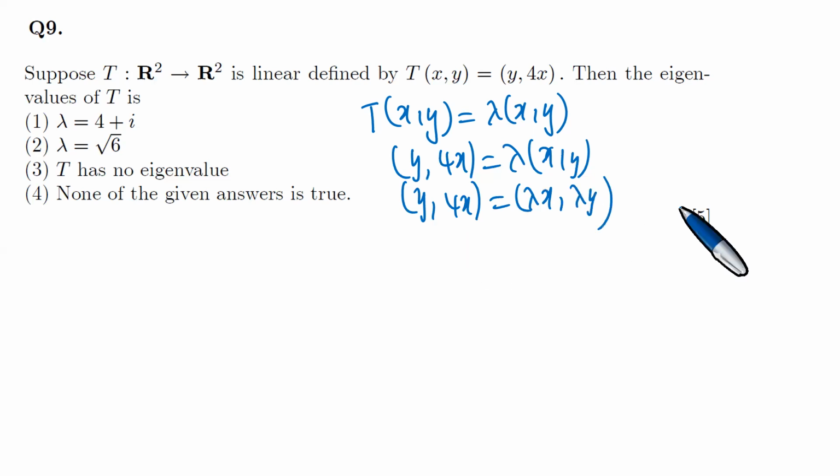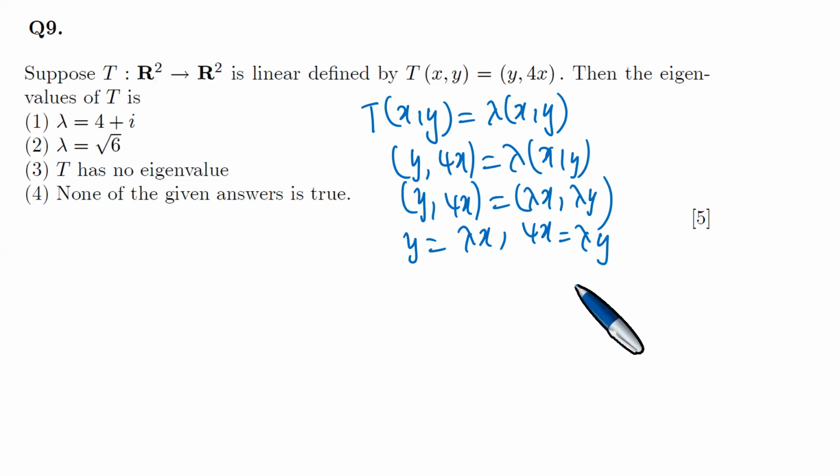Multiply through by the lambda like we did before. Then we compare the components. y becomes lambda x, and 4x becomes lambda y. We need to solve these simultaneously, just like simultaneous equations.